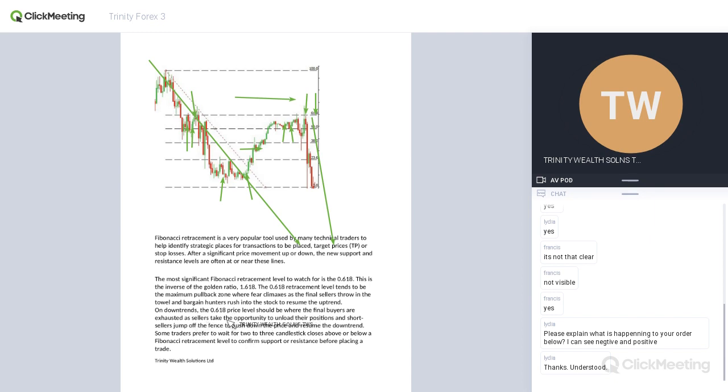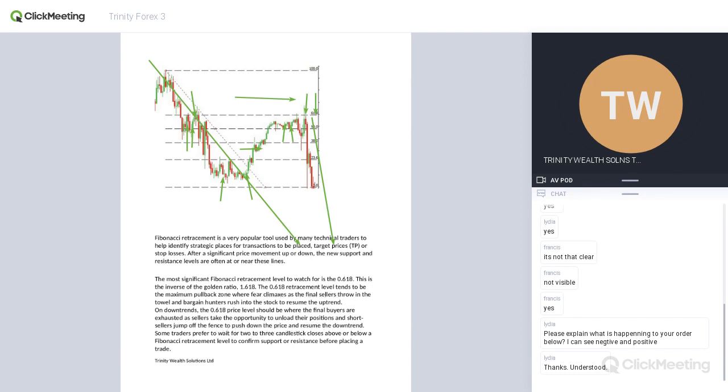On the downside, the 61.8 price level should be where the final buyers are exhausted as sellers take the opportunity to unload their positions and short. And short sellers jump off the fence to push down the price and resume the downtrend. Some traders prefer to wait for 2 to 3 candles. It depends on you.